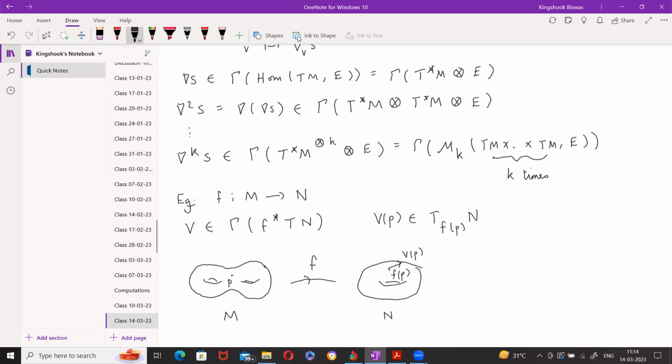Yes, sir. So what that means is for every point in the domain, I'll have a vector at the image point. So this gives me a direction in which to deform F, right? So I'll take all points in the domain. Those will map to some points in the range. So maybe this figure 8 curve maps twice onto this circle, right?